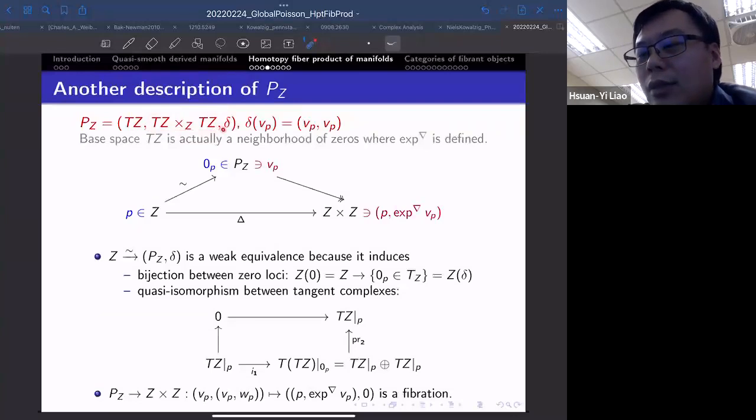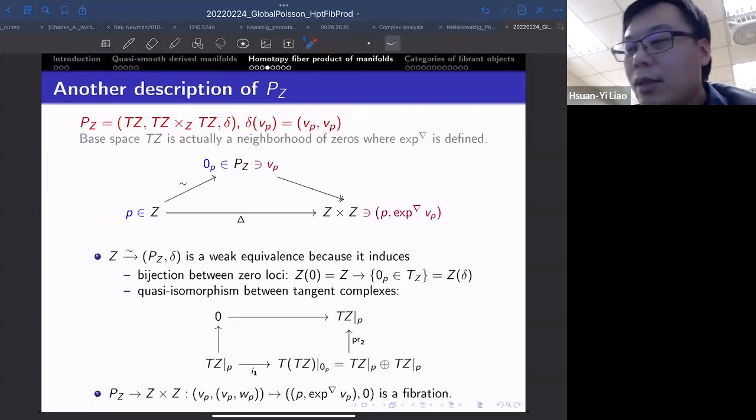And the section maps, the base space is the tangent bundle. So by VP, I mean a tangent vector at P. Map V to BV. Is there a potential issue with completeness? Do you mean the exponential map?